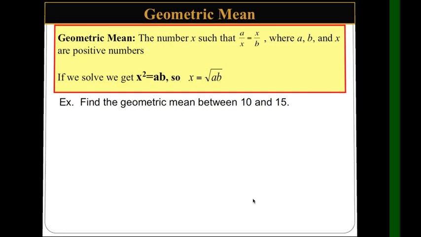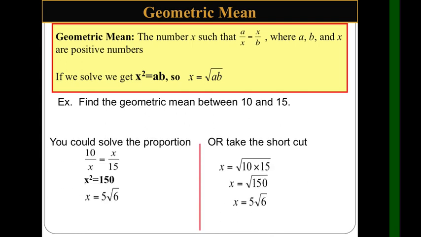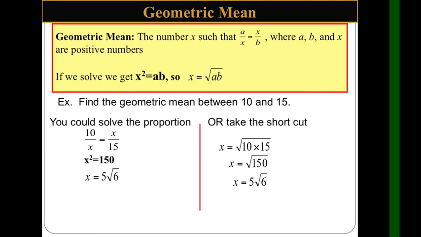Another example is using the geometric mean. Find the geometric mean between 10 and 15. Again, you can use the proportion 10 over x equals x over 15, and 10 times 15 is 150.